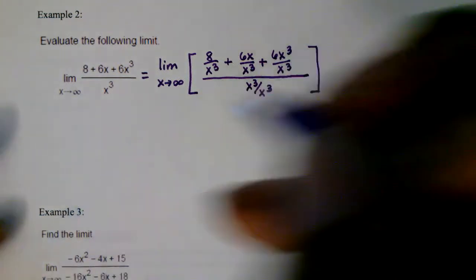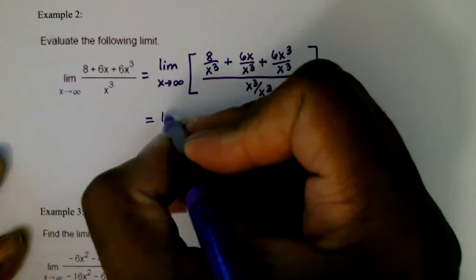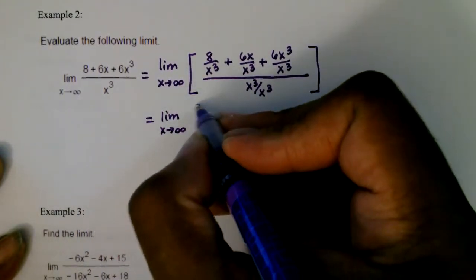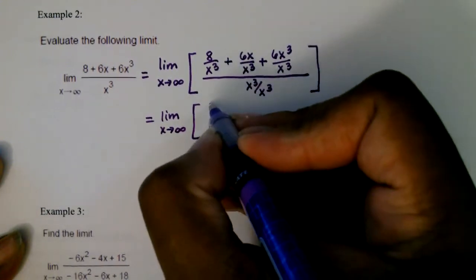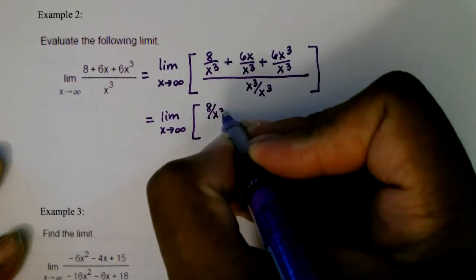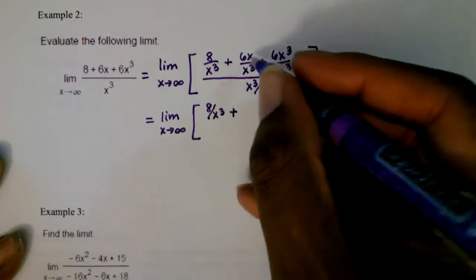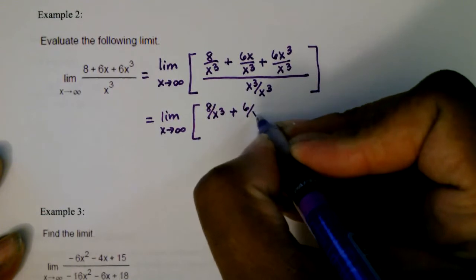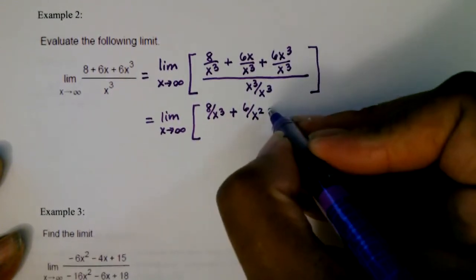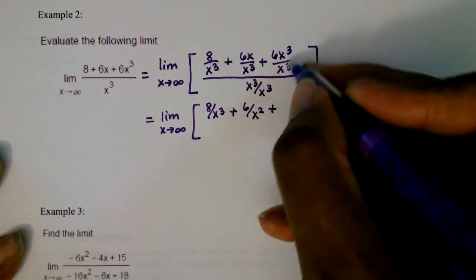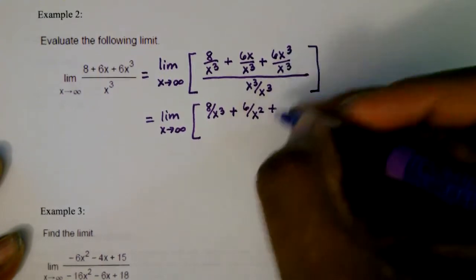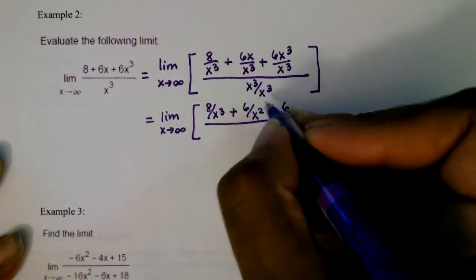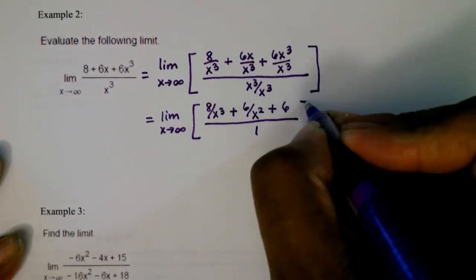Now let's simplify this. The limit as x approaches infinity will remain as 8 over x cubed plus 6x divided by x cubed, which leaves me with just 6 over x squared, plus 6x cubed divided by x cubed, which would just be 6. In the denominator, x cubed divided by itself is 1.